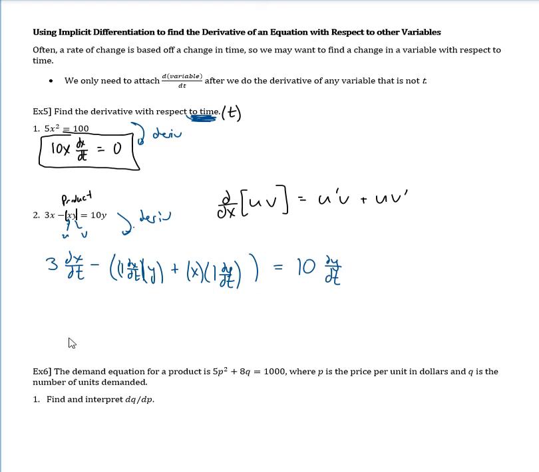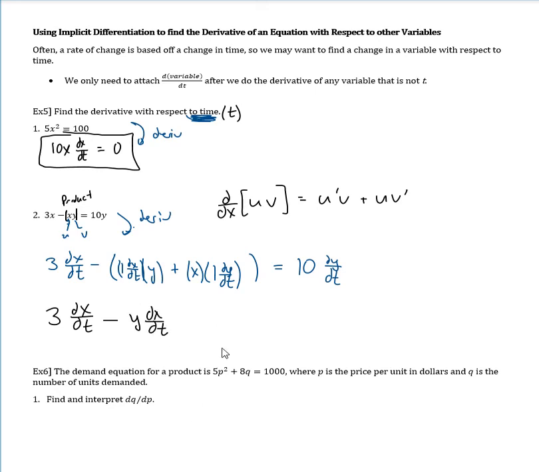We'll just simplify somewhat. Let's go ahead and distribute. So I have 3 dx dt. Distributing the negative would give us minus. Now the 1 I don't really need. We would probably put the y first though. So minus y dx dt.